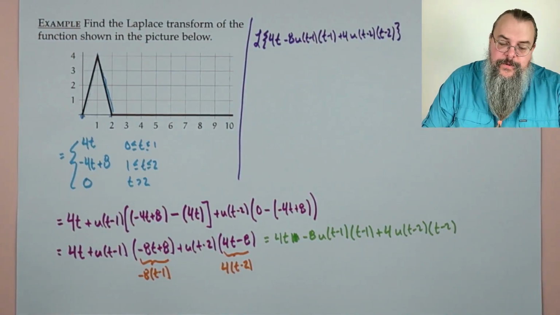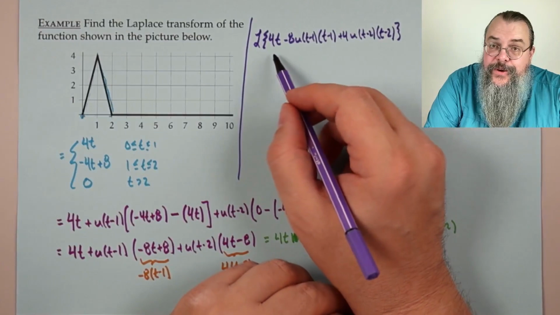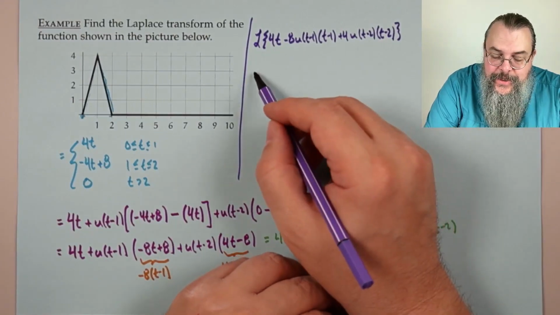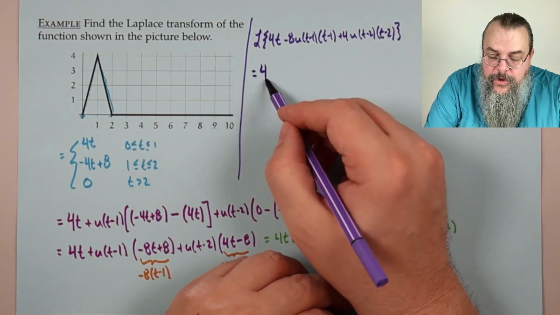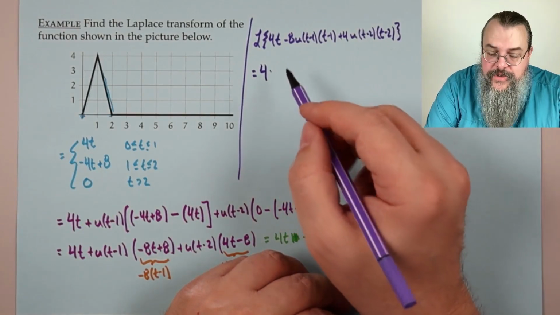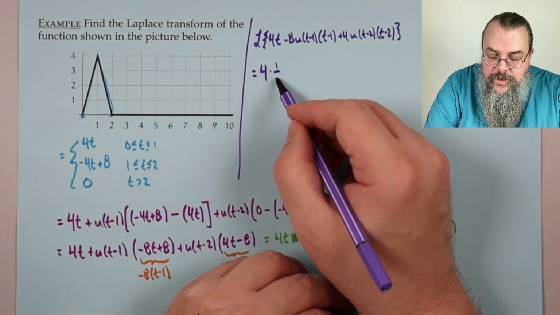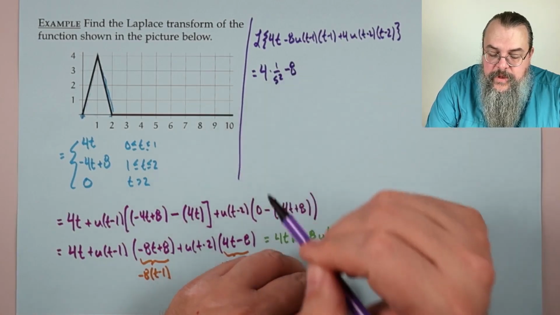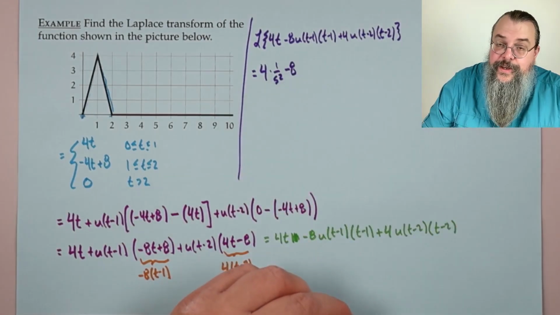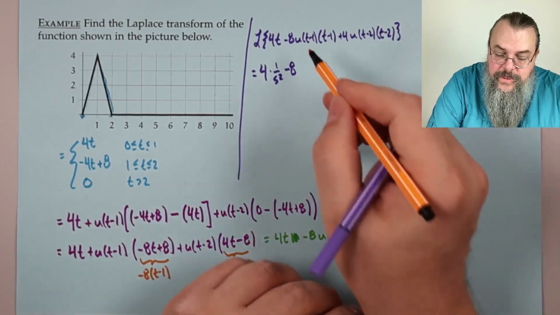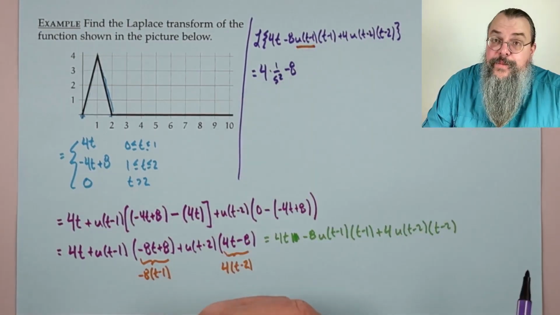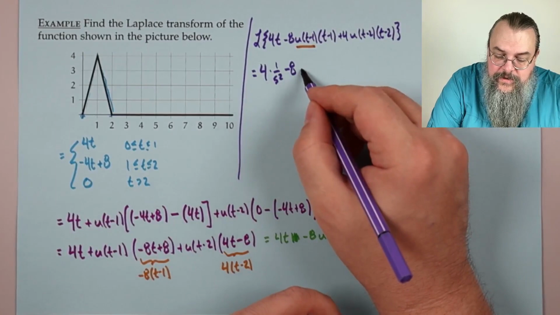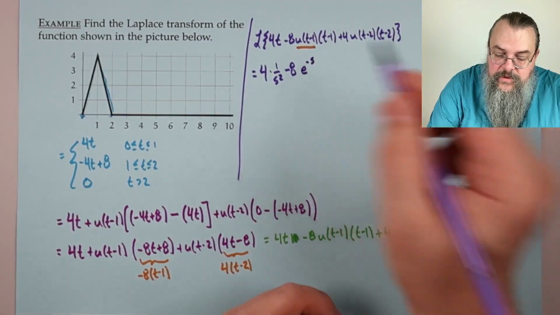Now, the first thing, well, there's no u. That's good. So what do we have? Well, it's 4, and then the Laplace transform of t is 1 over s squared. Then we get the minus 8, and we see a u of t minus 1, so that tells us that we're going to get an exponential. So that gets us the e to the minus s.